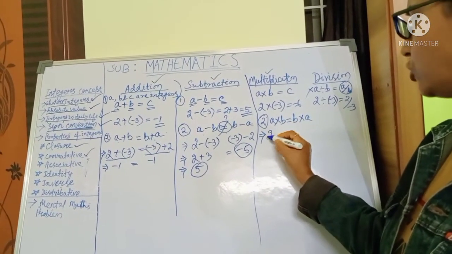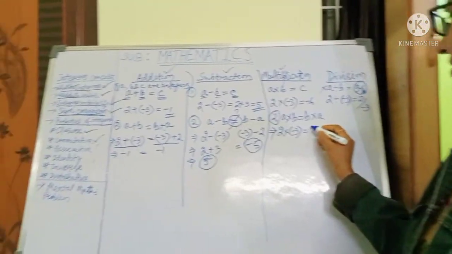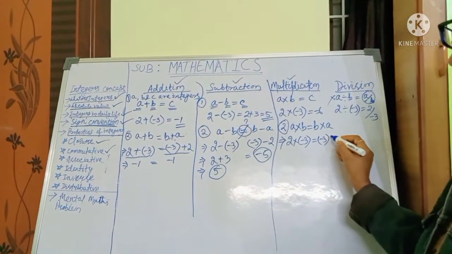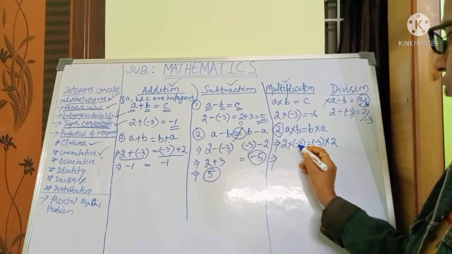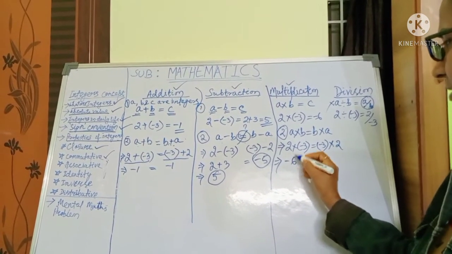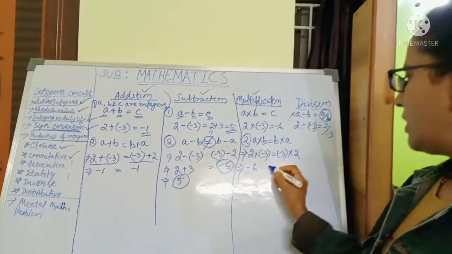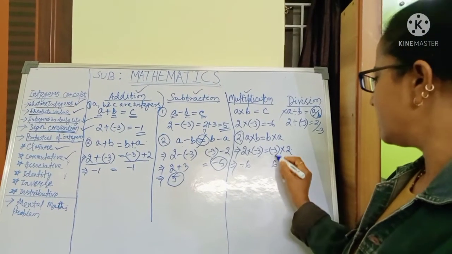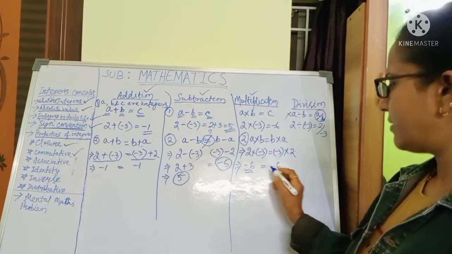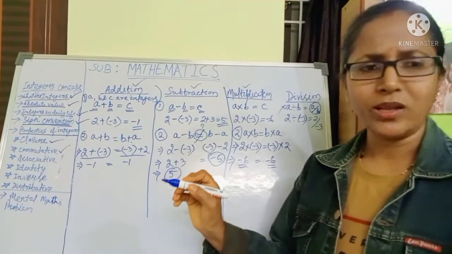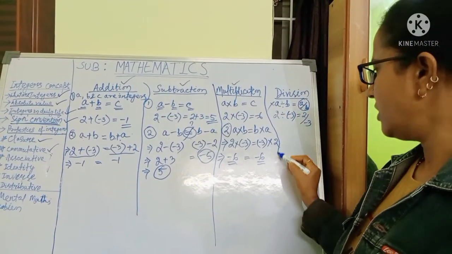If a equal to 2 into b equal to minus 3, and on the right hand side b equal to minus 3 into a equal to 2, what will be the result? 2 into minus 3 is minus 6, because the magnitudes multiply to give 6 and the sign is negative. And here 3 into 2 is 6, and the sign is negative. So minus 6 is equal to minus 6. Both the left hand side and the right hand side are equal. So the commutative property is applicable for multiplication.